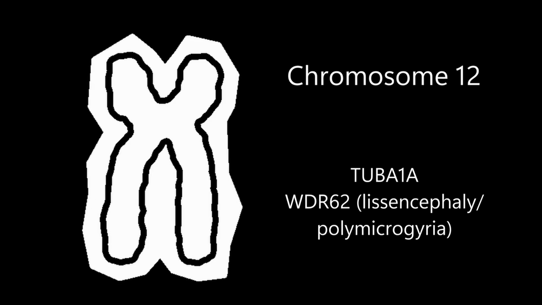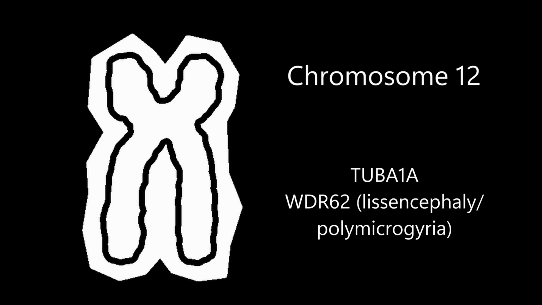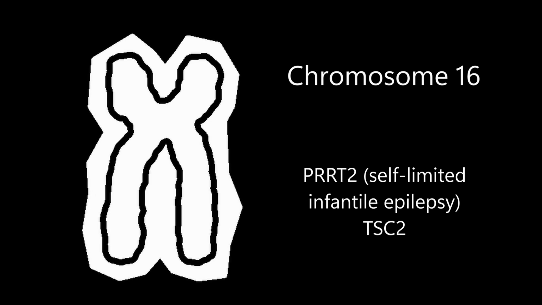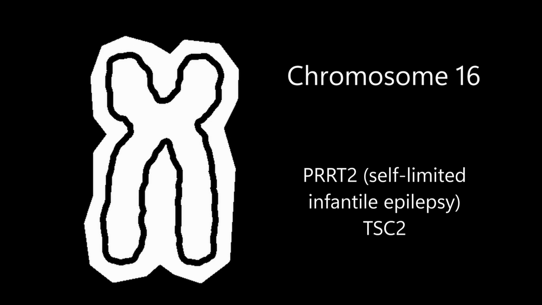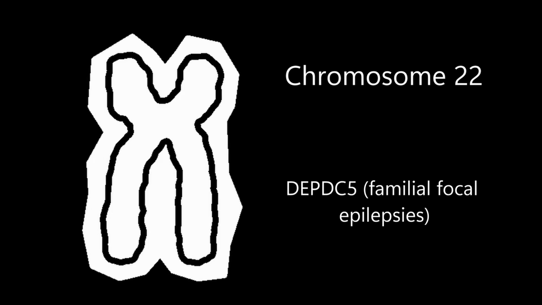Chromosome 12, TUBA1A, and WDR62, which is lissencephaly and polymicrogyria. Chromosome 16, PRRT2, self-limited infantile epilepsy, and TSC2. Chromosome 17, LIS1, which is also lissencephaly. Chromosome 22, DEPDC5, familial focal epilepsies. Which, that whole list might not even be complete.